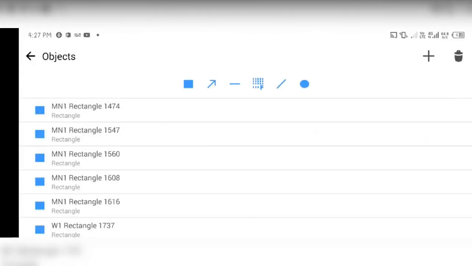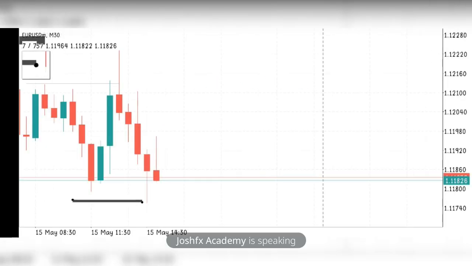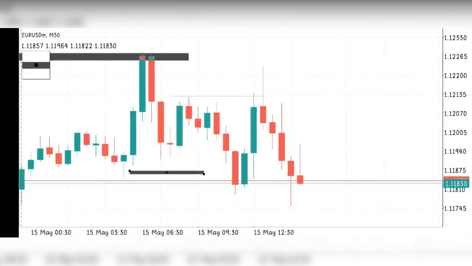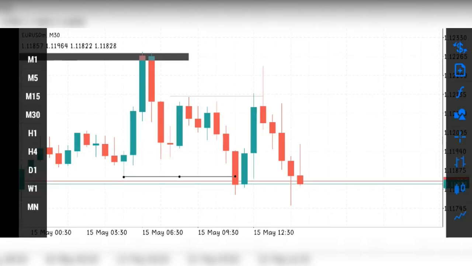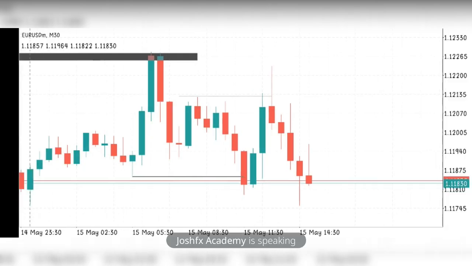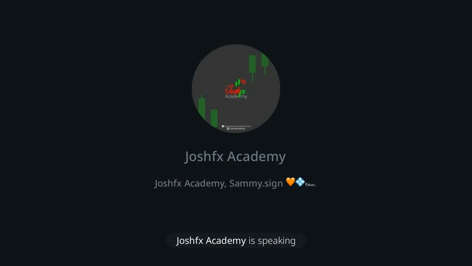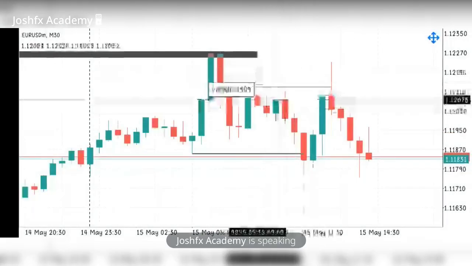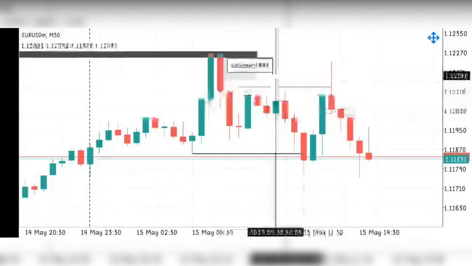There was a break of structure here. A break of structure. And we have a pullback here. A pullback, and this pullback is definitely a buy side liquidity.